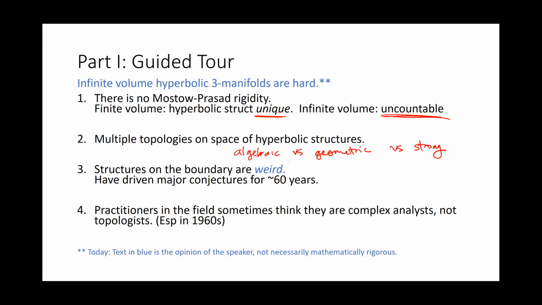You have strange things happening on the boundary that you didn't necessarily expect. And the literature is written in the language of complex analysis. So if you're quite adept in that, then that's not an issue for you, but it's hard to read some of this work from the 1960s.